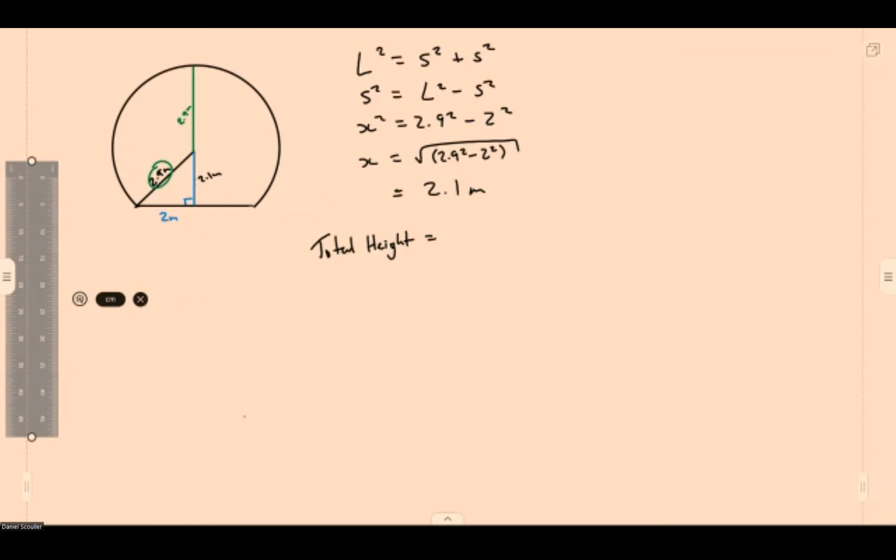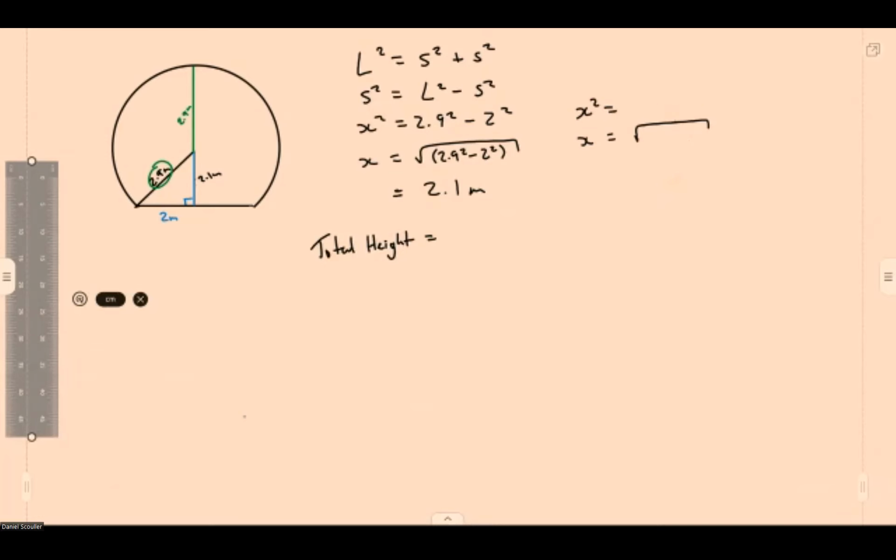Sorry to interrupt, but I'm not getting 2.1. Okay, let's write that out a wee bit fuller then. So x squared equals 2.9 squared plus 2 squared, 12.41. Oh, see, I'm getting 8.41 take away 4.